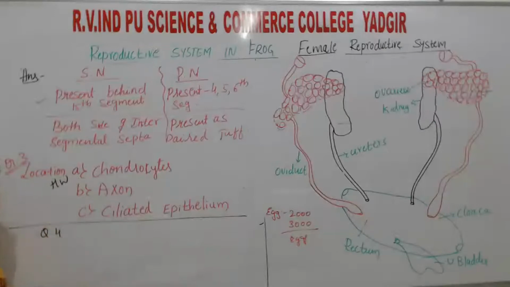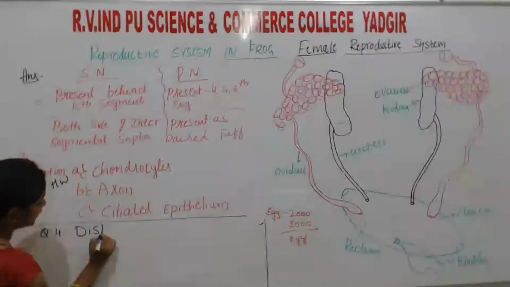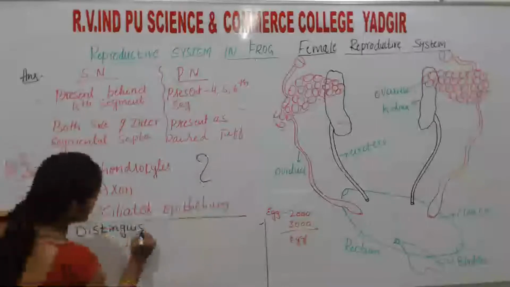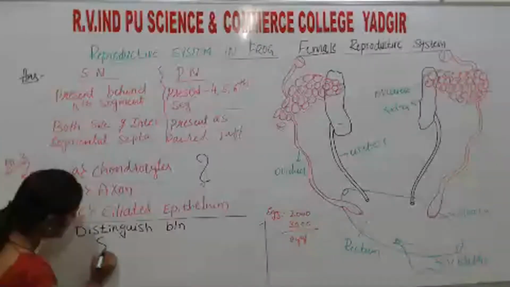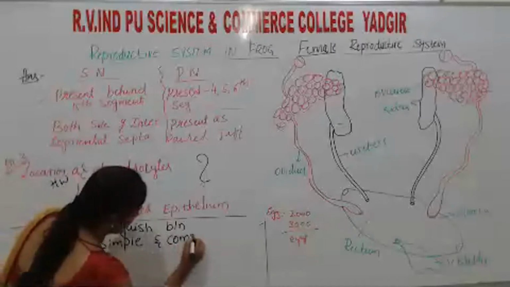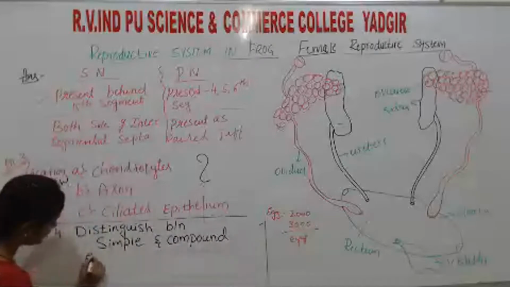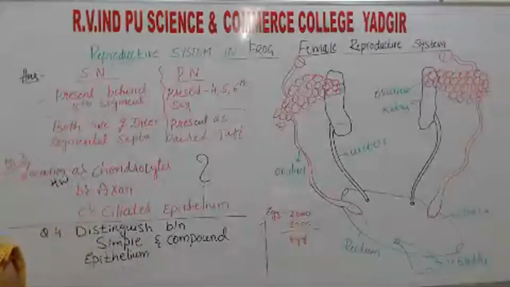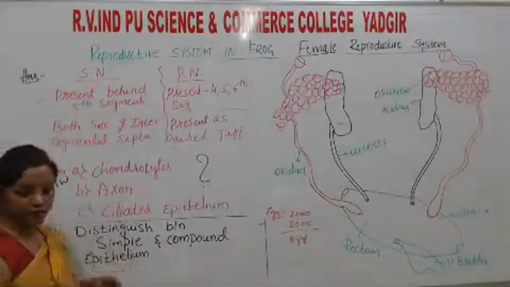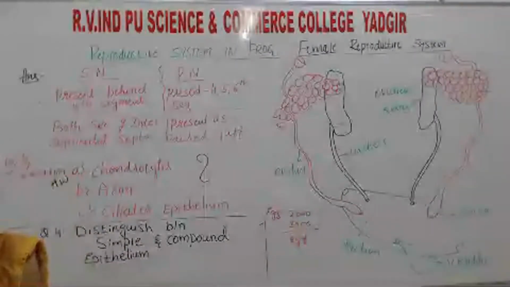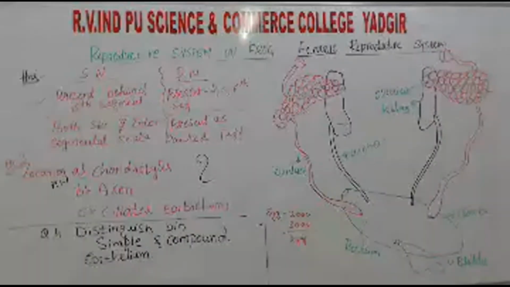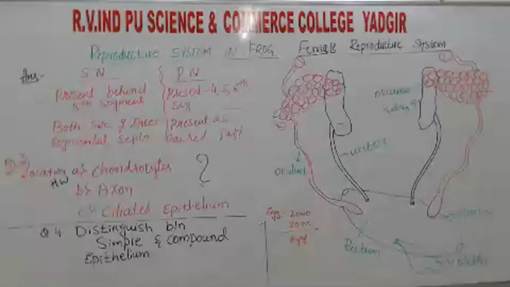Question number 4, again distinguish between simple and compound epithelium. So please work on these two questions. The differences and location questions I have given you as homework. Note down the questions for homework, class 3rd and 4th.